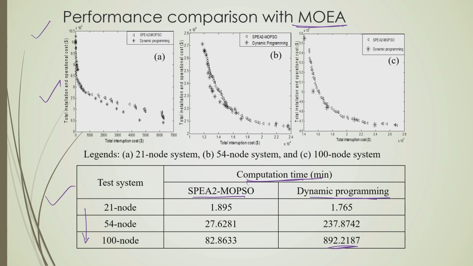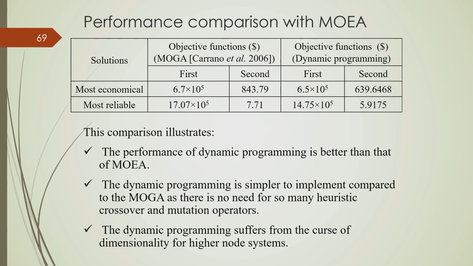For the 100 node system it takes 892 minutes to solve, which is a huge amount.